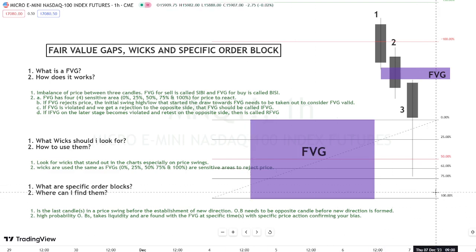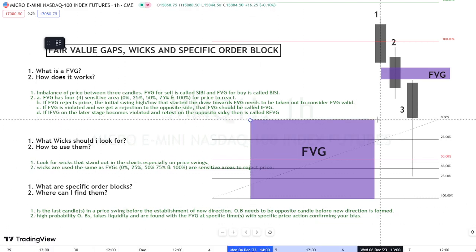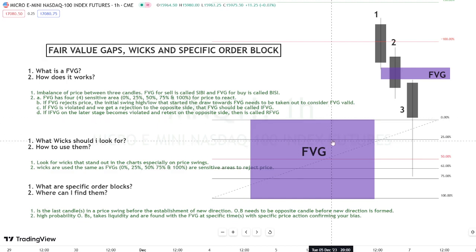So look at the areas. I have 100%, 75%, forget 62% because it's OTE. I have 50% and I have 25 and I have 0 there. So this means a fair value gap has these sensitive areas: 1, 2, 3, and 4.